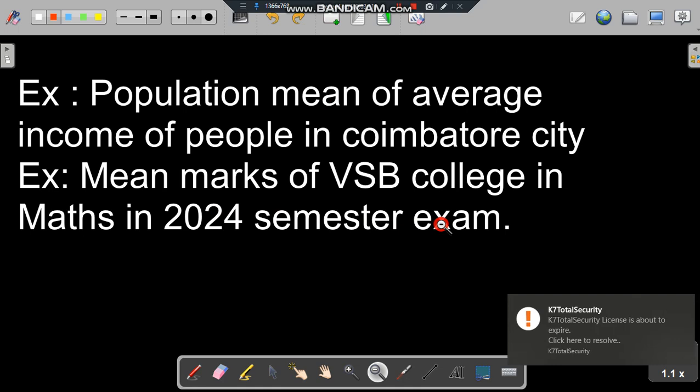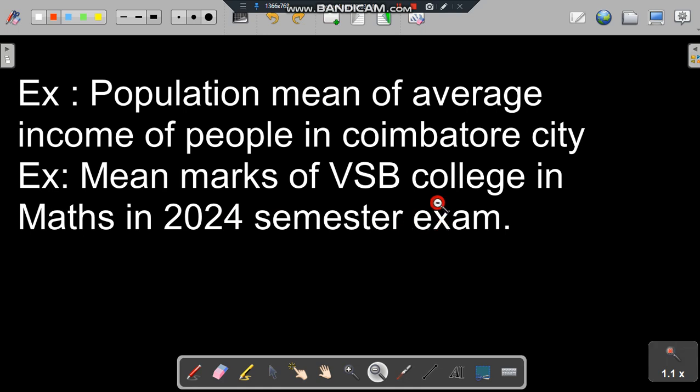Each and every student in the VSB college, I am asking the marks in mathematics, then dividing by the total population, and I am finding the mean marks.